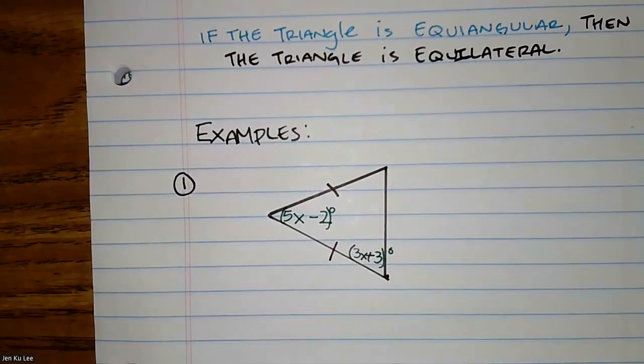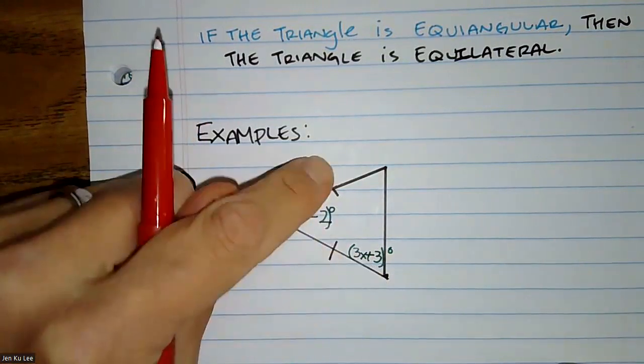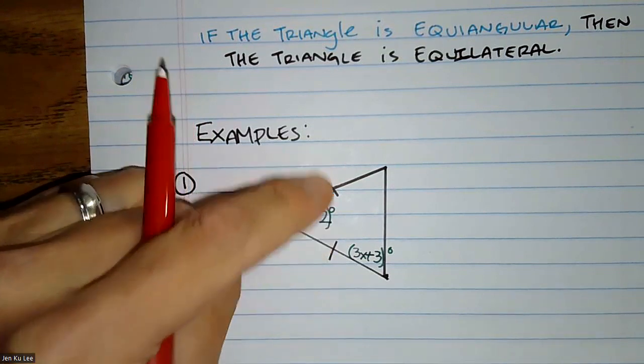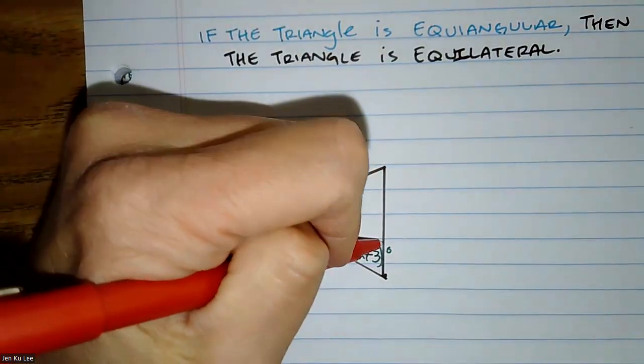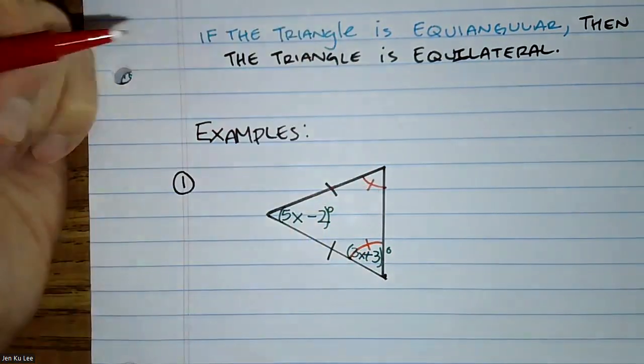So we have this isosceles triangle, right? Now, if these two sides, the north and the south side, are congruent, then I know for a fact that the angles opposite those sides are congruent, right?